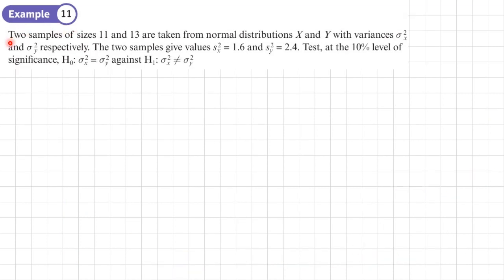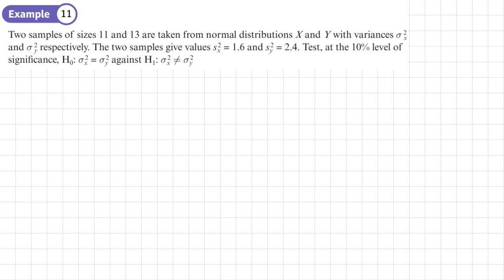Example 11. 2 samples of sizes 11 and 13 are taken from normal distributions X and Y with variances sigma squared X and sigma squared Y respectively. The 2 samples give values of 1.6 and 2.4. Test at the 10% level of significance, and we've been given H0 and H1.